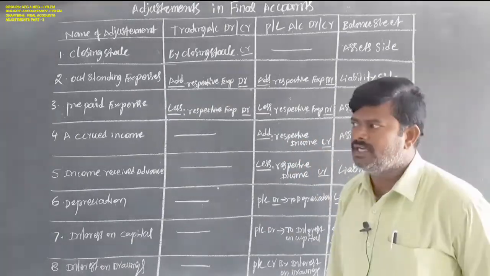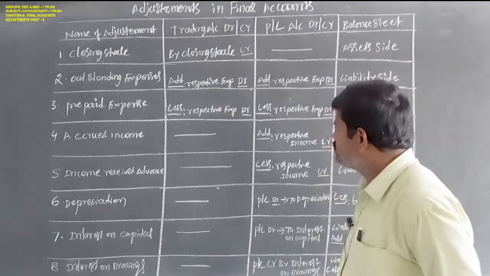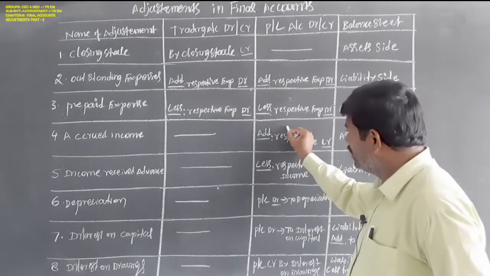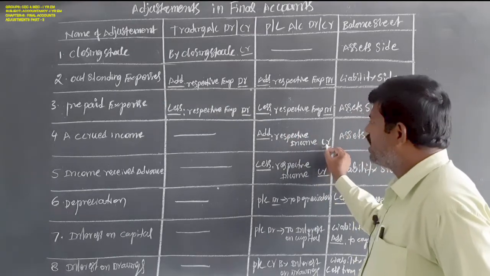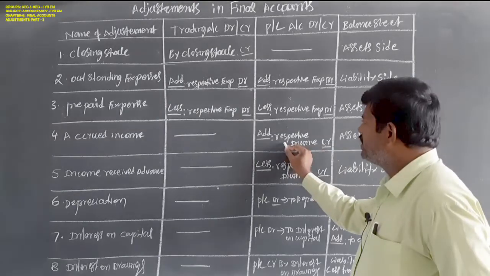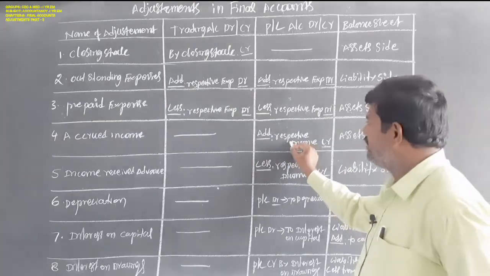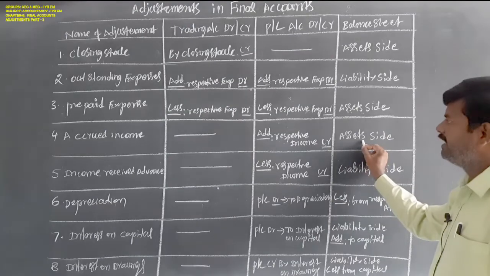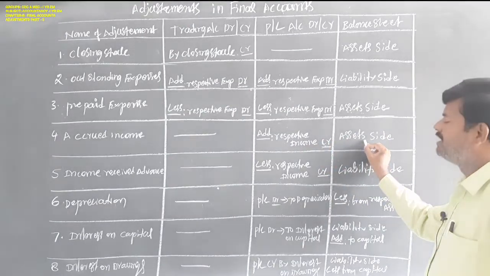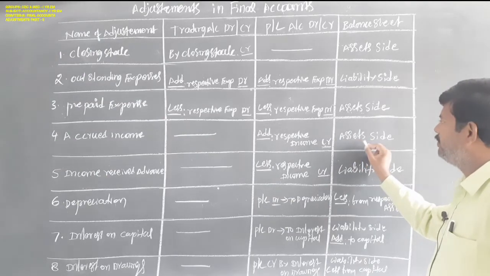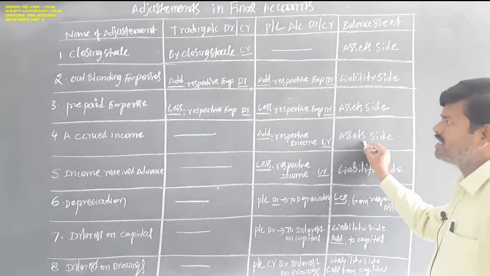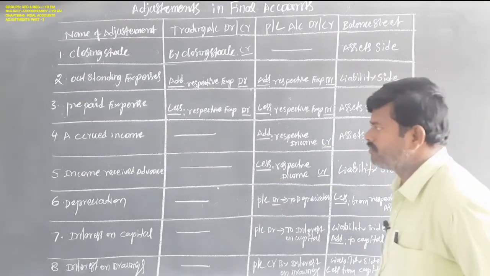Suppose interest to be received: it must be added to interest on the credit side. The same accrued income amount will be recorded on the asset side. This is the fourth one.